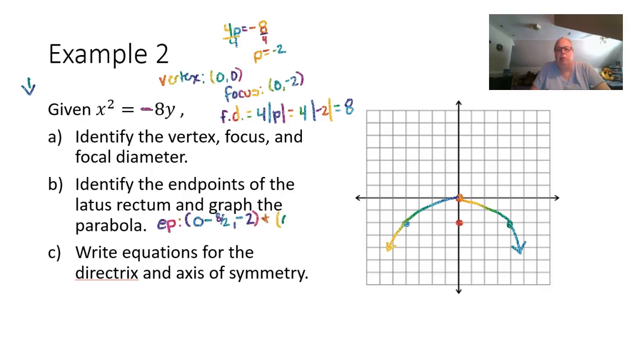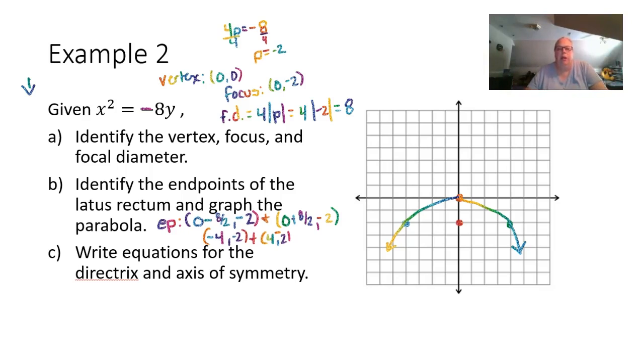And then for the other one, we're going to add half of that focal diameter, and again keep the y coordinate. So that makes our endpoints -4, because 8 divided by 2 is 4, and 0 minus 4 is -4. So (-4, -2), and also 4 plus 0 is 4, so we got (4, -2). And those are going to be the endpoints. And those are the ones that I've graphed right here.